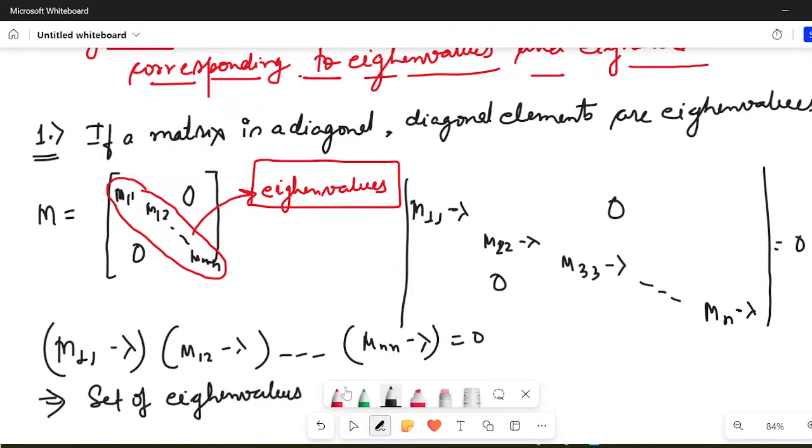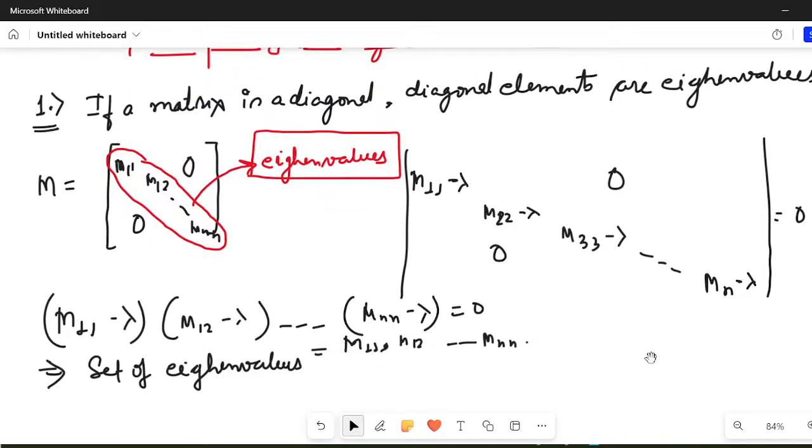They are equivalent to the diagonal elements themselves: m11, m22, dash dash dash, mnn. So for a diagonal matrix, all the diagonal elements form the set of the eigenvalues. Okay, so this is your eigenvalue spectrum.